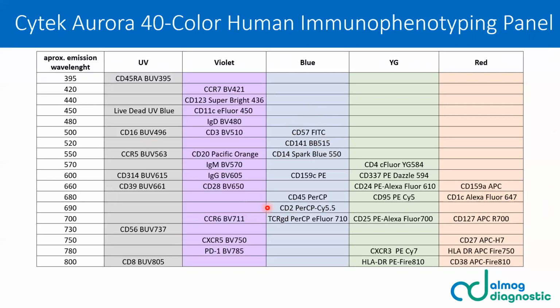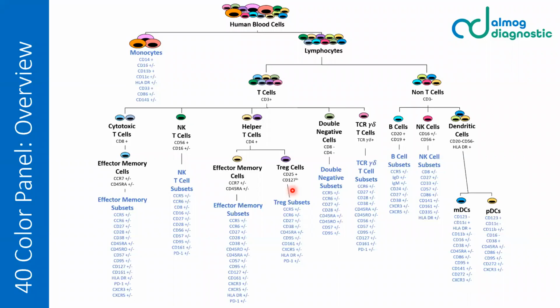As you can see, there are still many channels available to be occupied by new fluorochromes that are hopefully under development today. So here is another way to look at the panel.